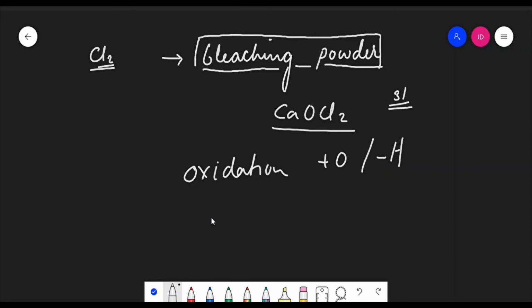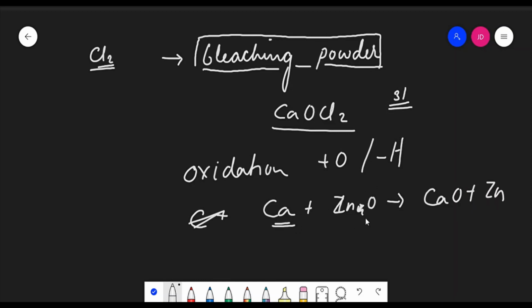So let us say we had Ca plus, let's say, ZnO, we will get CaO plus Zn. We notice that here Ca did not have oxygen, now the Ca has oxygen. So we say calcium got oxidized to form calcium oxide. Zinc oxide got reduced to form zinc.